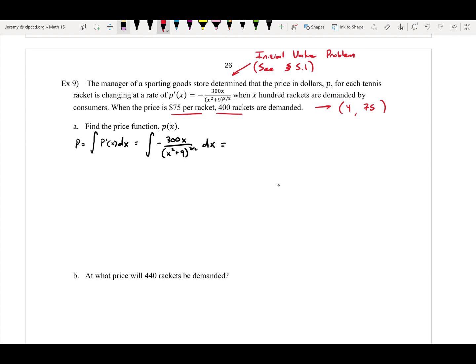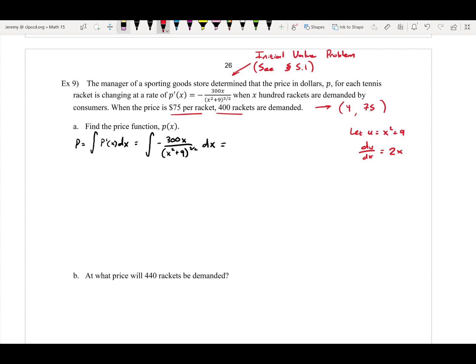Let's try it. Let's see if we can let u equal x squared plus 9. And take the derivative, du dx is going to be 2x. I like that x is appearing right here because remember I have an x up here that I'm hoping to get a cancellation with.